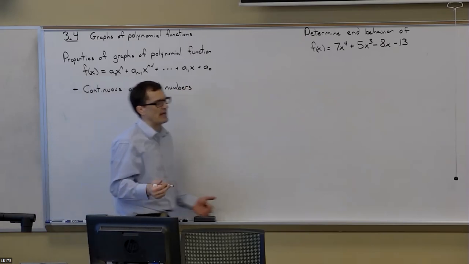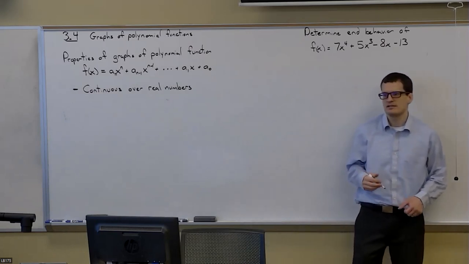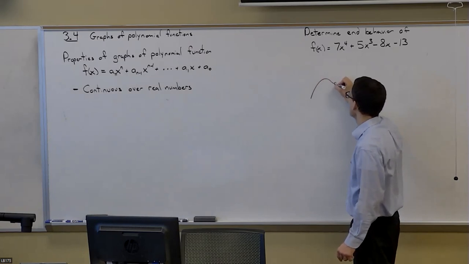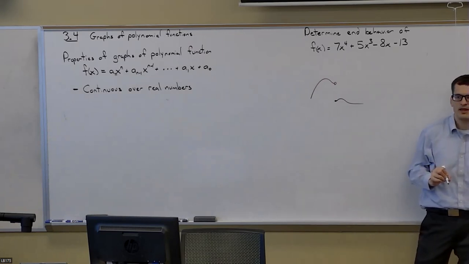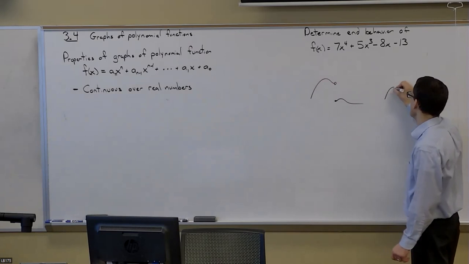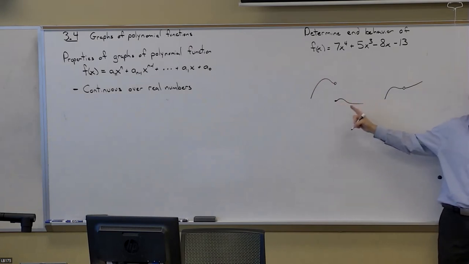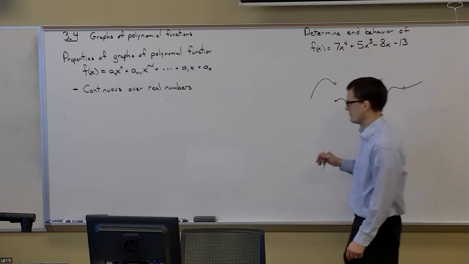That means there are no big gaps or jumps. As you draw it, you'll never stop in one place and then jump down and start drawing in another place, right? Also, there's not going to be any holes in the graph. So these two things can't happen. You guys get what I'm saying there? So it's continuous. You can draw it all smooth.